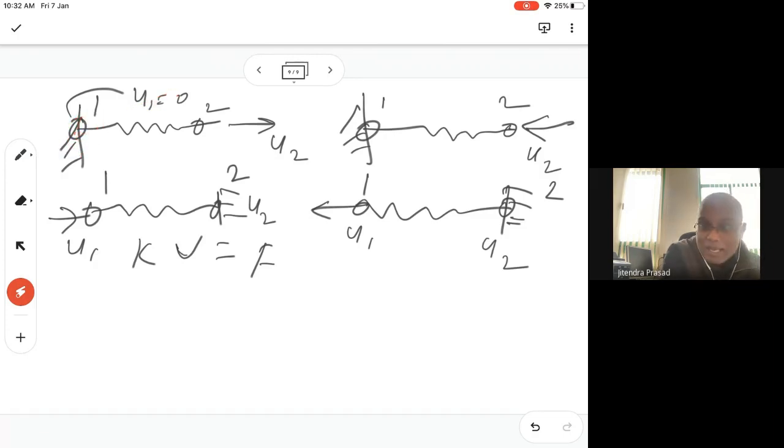You have to find it out. Typically the problem will have a force given so that you find out the displacement. Otherwise, it is trivial, right?